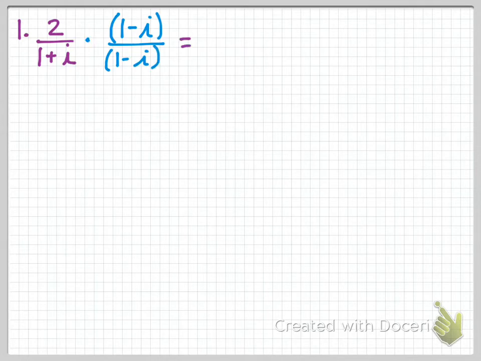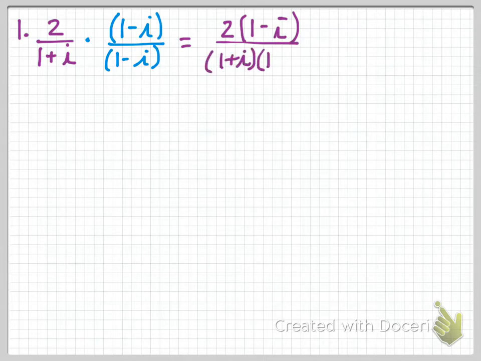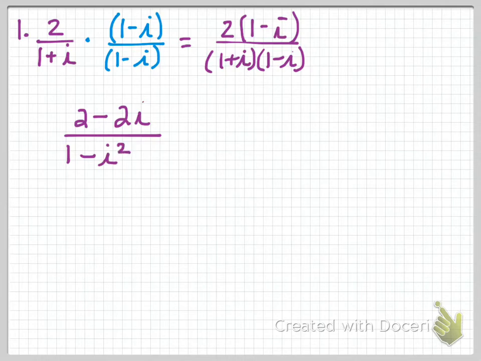When we do this, we get 2 times 1 minus i over 1 plus i times 1 minus i. On the top, we can distribute the 2 so that we get 2 minus 2i, and then on the bottom we'll FOIL so that we get 1 minus i squared.